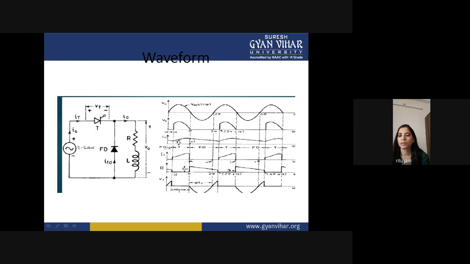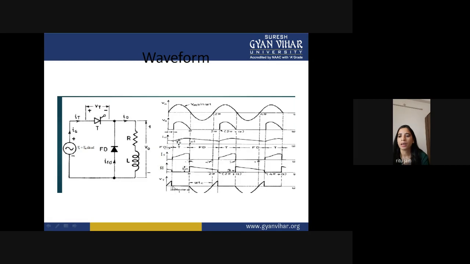Now, in this case, the freewheeling diode is not conducting from alpha to pi. So the freewheeling diode current in this case will be 0. Now, for the thyristor, from 0 to alpha, the thyristor was not conducting, so there is some voltage appearing across the SCR.